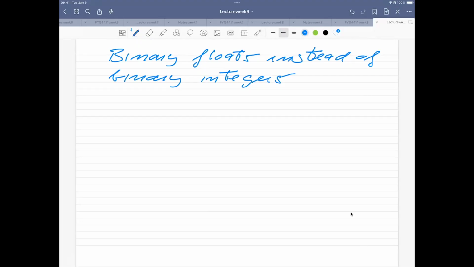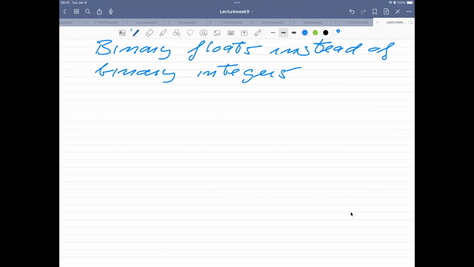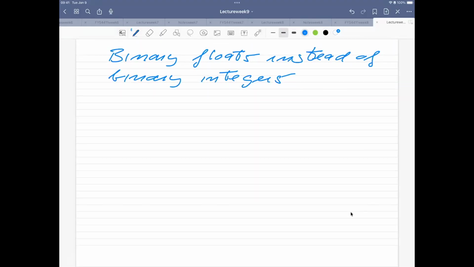Let me quickly remind you of the binary integers: y is equal to y0 times 2^(n-1) plus y1 times 2^(n-2), etc., all the way down to y_(n-1) times 2^0. So that was the binary integers.